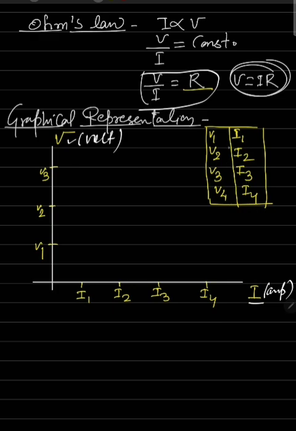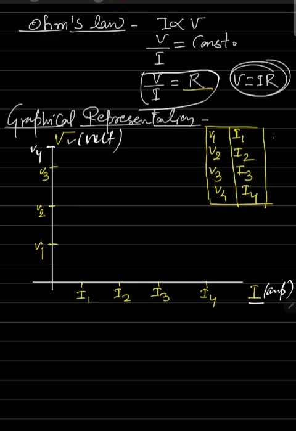Like that we have assumed values in the table. Now I have to put V1 and I1, V2 and I2 on the graph. So on the x-axis I have marked current I1, I2, I3, I4, and on the y-axis I have marked the potential difference values V1, V2, V3, V4.